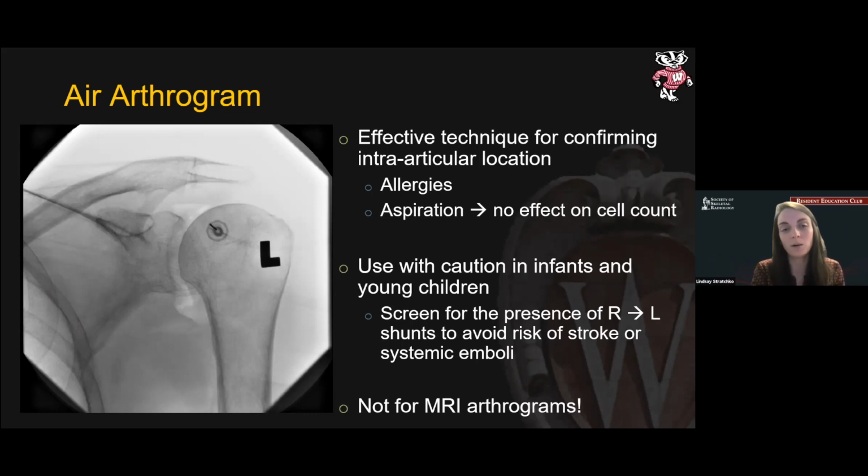Either way, particularly if you have a younger patient or a patient with poor reserves, screening for the presence of a right to left cardiac shunt can help to make it a safe procedure. As I'm sure you may be aware, air is not your friend when you're doing an MRI arthrogram. So I would not advise doing an air arthrogram when you're going to be following it up with an MRI.